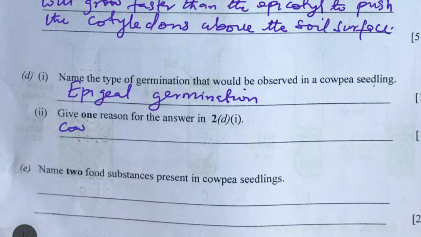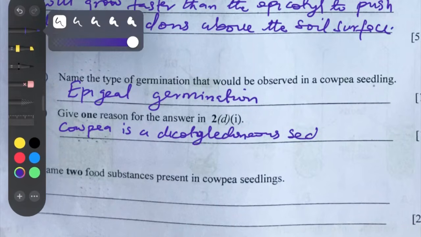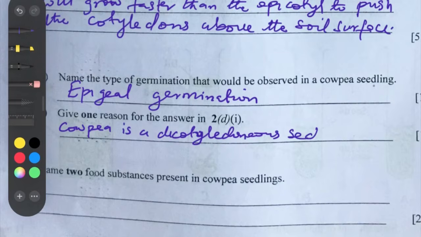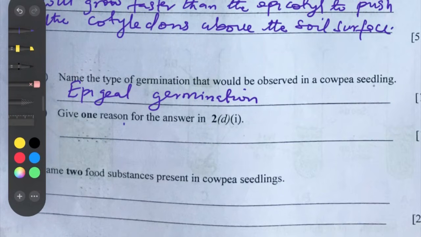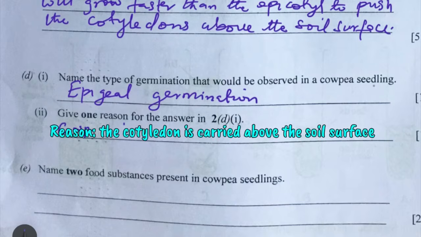Cowpea is a dicotyledonous seed. So cowpea is a dicot.